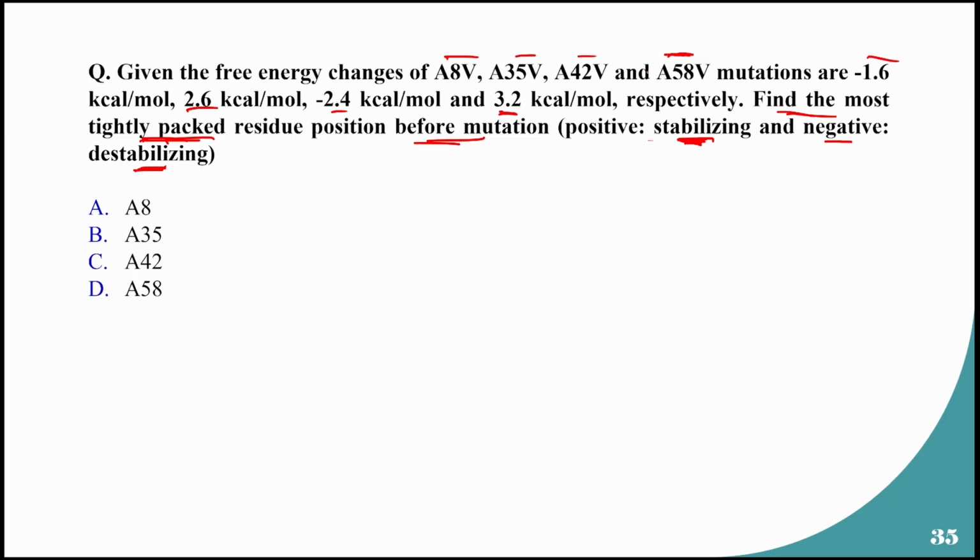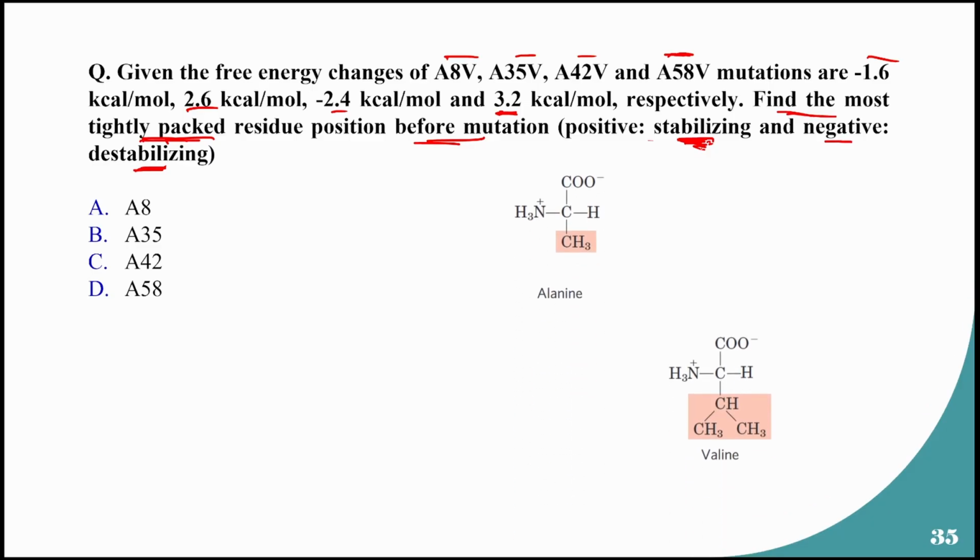Now if alanine 58 to valine mutation is highly stabilizing, do you expect that the alanine was situated in a tightly packed position? Because remember, if it was already in a tightly packed position, then changing it to valine with a bulkier side chain is expected to destabilize the protein, right? But in this case, it is of a positive value, which is denoted as stabilizing. So that should not be the case here.